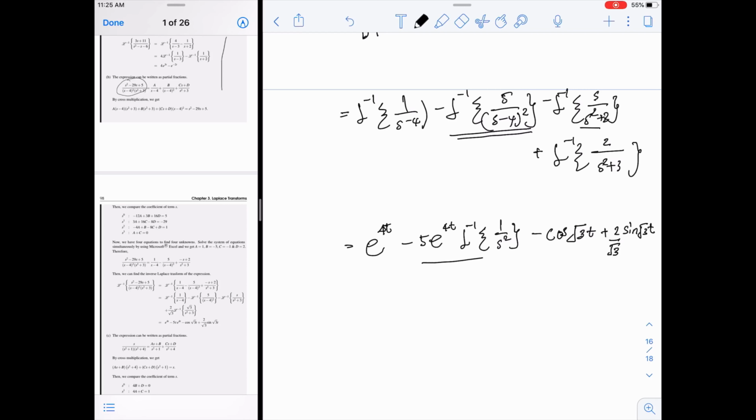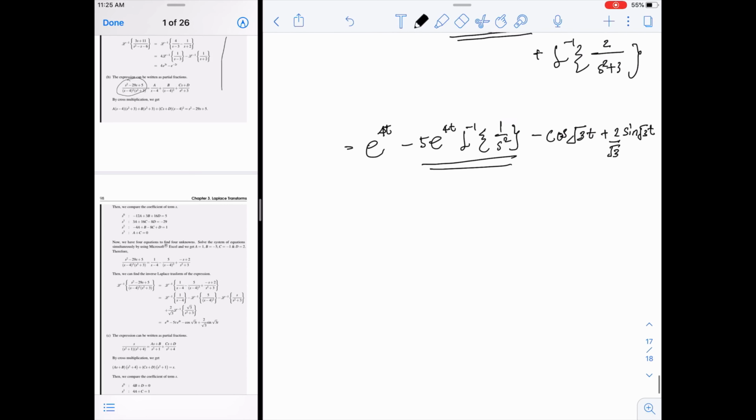So now let's finish this one because it's still not complete. Finally, what you will get is e to the 4t, minus 5t e to the 4t, minus cos 3t, and then over here 2 over 3 sine 3t.